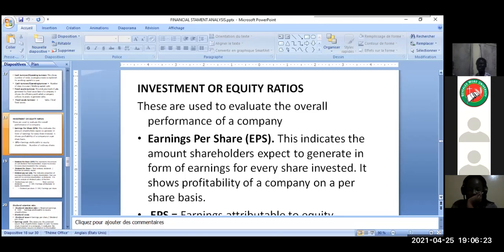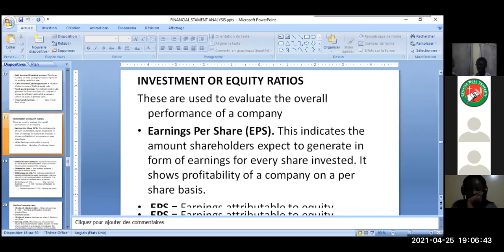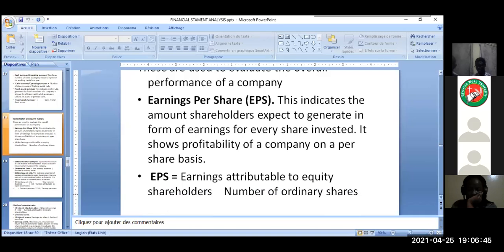So earnings per share indicates the amount shareholders expect to generate in the form of earnings for every share invested. It shows profitability of a company on a per share basis. So if a share has increased in value, it means that the performance is not bad at all.